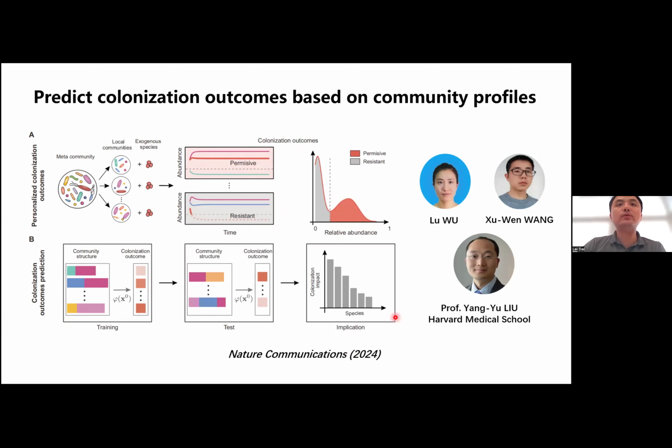So what we try to do is, given the community structure, the vector, I train the model based on the observed colonization outcomes. Then using my test data, I try to predict, qualitatively and also quantitatively. I can also try to figure out what species actually contribute to the colonization resistance, right? So that's the overall story.